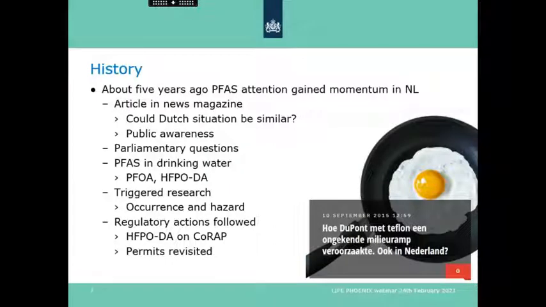So these findings triggered a lot of research into the occurrence, but also into the hazard of these substances. And finally, a lot of regulatory actions followed. These were, for example, on GenX, on AFPO-DA, and also on permits that were given for the production facility. I will talk about some of these research and regulatory actions now.